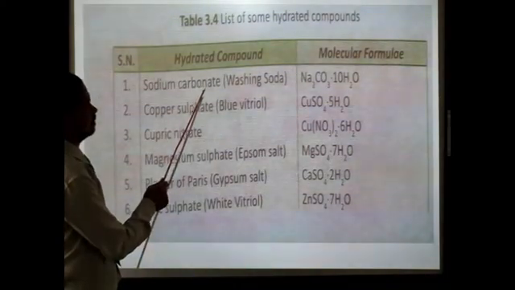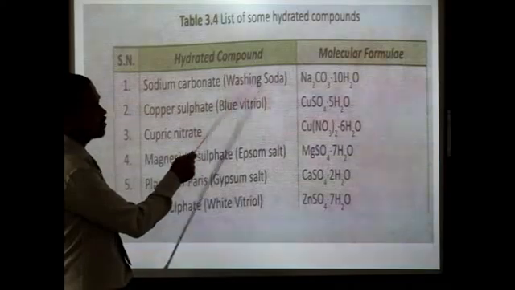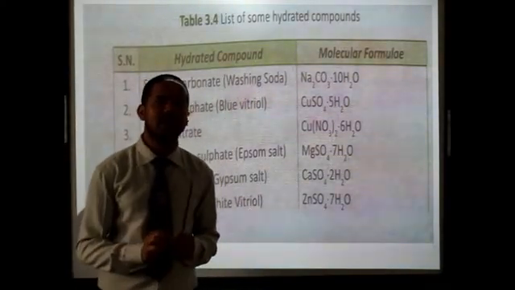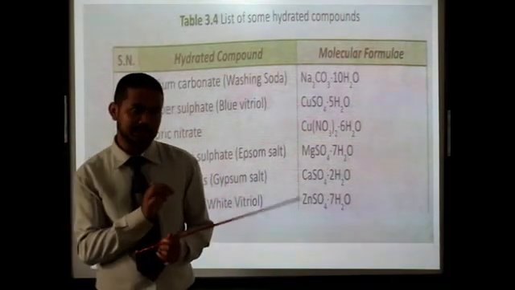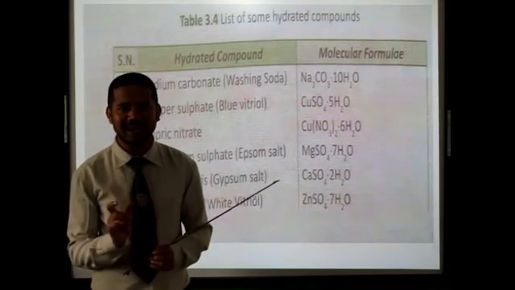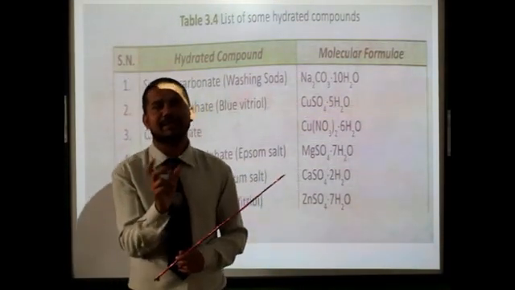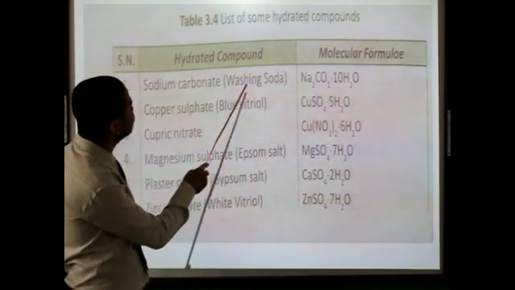Sodium carbonate, whose common name is washing soda. This we use for washing clothes. It is there in detergent powder, and in the form of cake, that is soap. So sodium carbonate, washing soda.